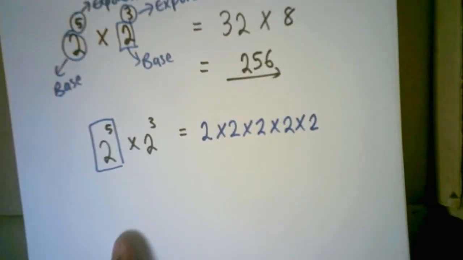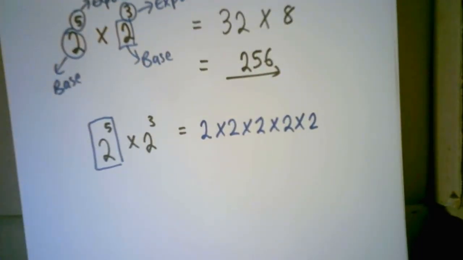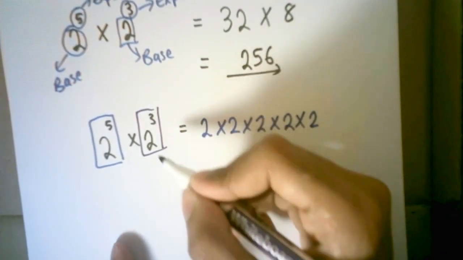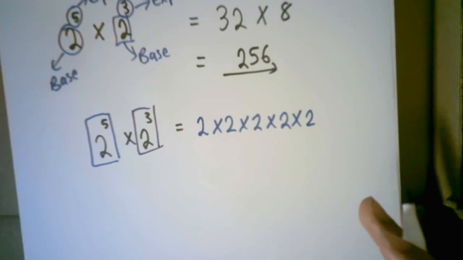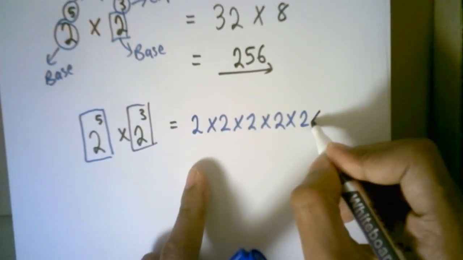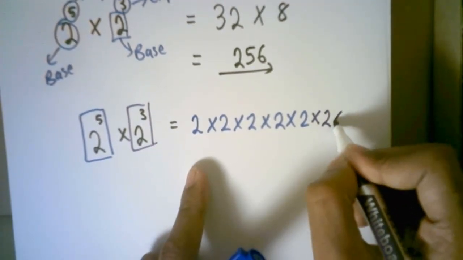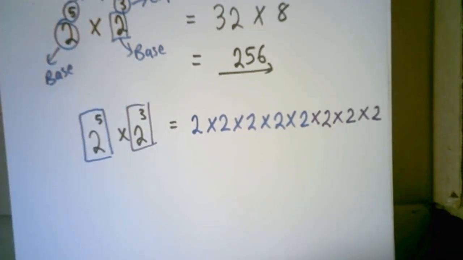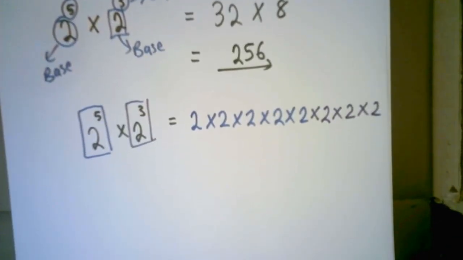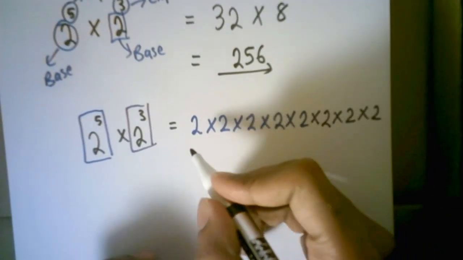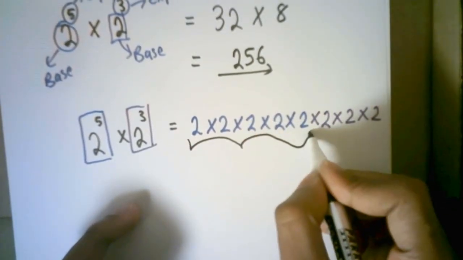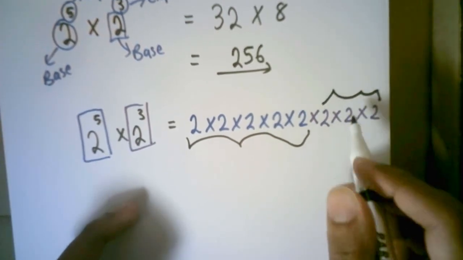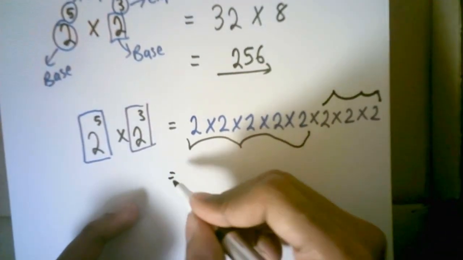The base 2 is being repeated 5 times. I know, I'm going to use purple now, that 2 cubed means that the base 2 is being repeated 3 times. So that's times 2 times 2 times 2. So what I can see here is that I have 2 raised to the power of 5 being multiplied by 2 raised to the power of 3.